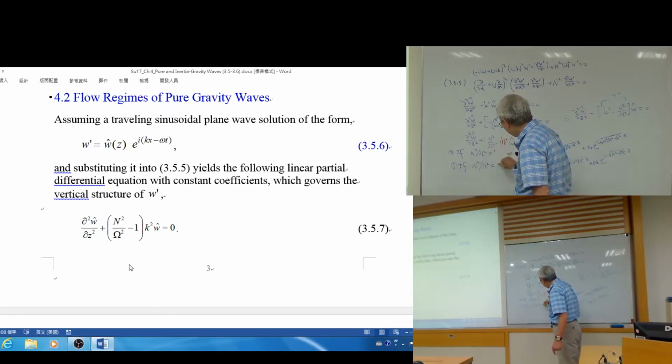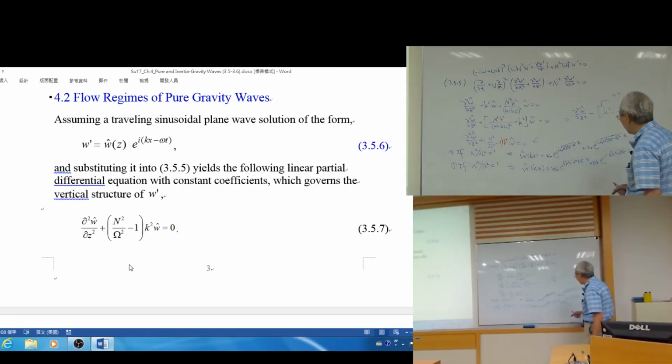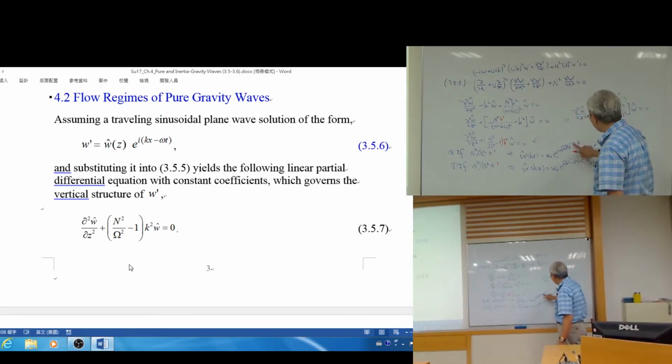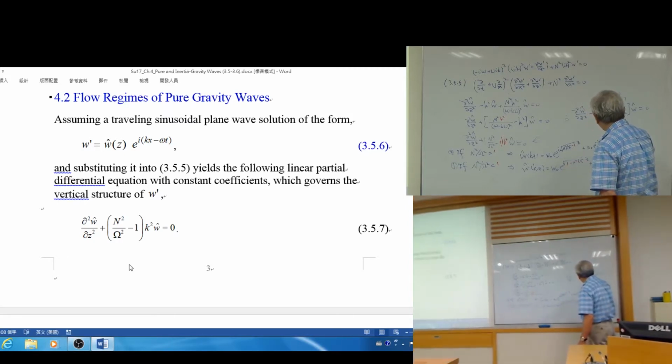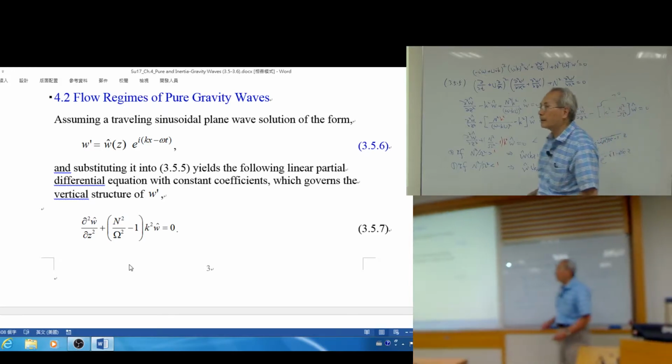One here and one here, the rest are the same. And then we have one here, minus one here, one here, one here, one here, one here.